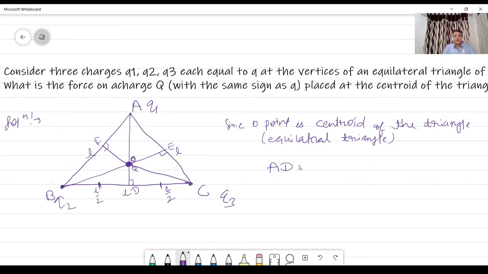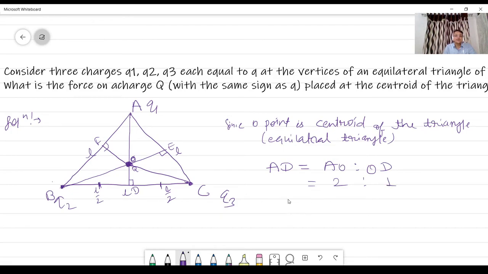AD is going to divide into AO and OD, and the ratio of the lengths will be 2:1.